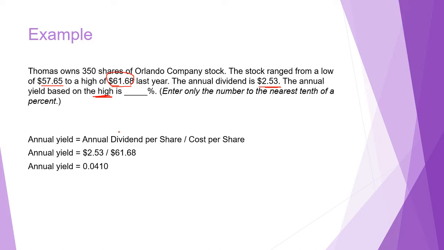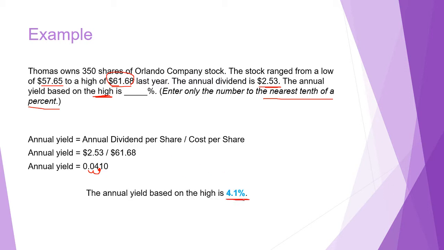0.0410. The question is asking us to round to the nearest tenth of a percent. Our answer right now is in decimal. So you want to go ahead and convert into a percent by moving your decimal 2 to the right, which means it would be right there. But because we're only rounding to the nearest tenth, you only need one decimal place.